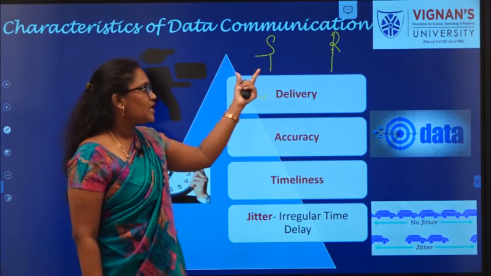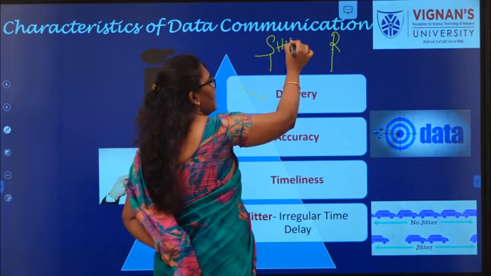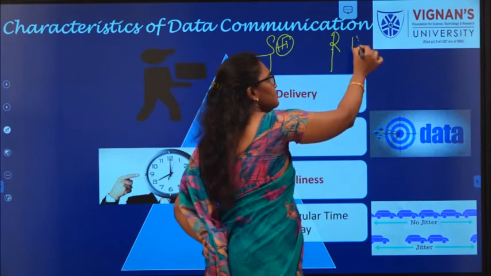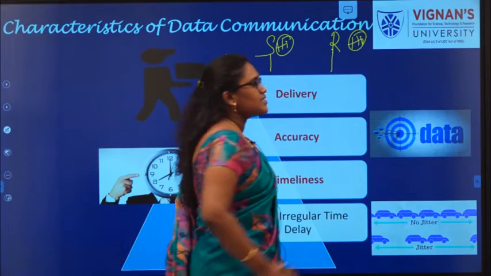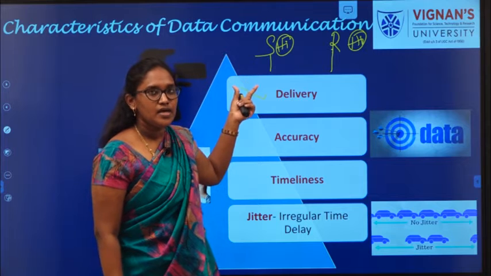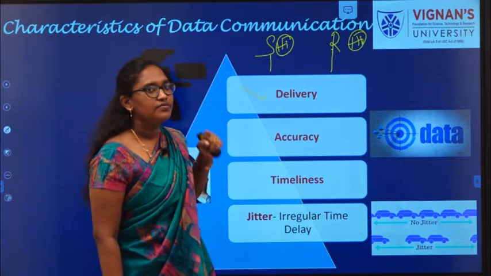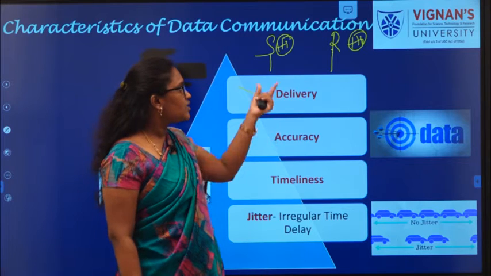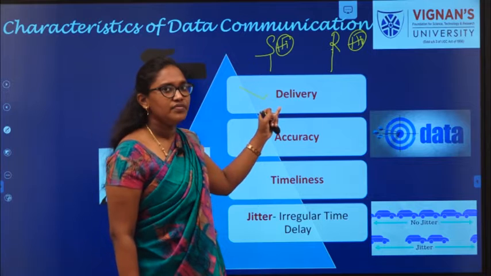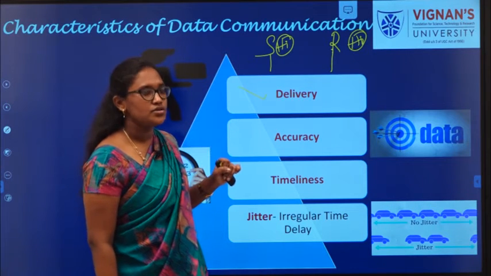Delivery means when the sender is sending a message, hi, the receiver should receive the message hi. Exactly whatever data the sender is sending to the receiver should be received by the receiver in the same way. That is the functionality of delivery. So if instead of hi, only H is received, then the characteristic of delivery has failed in computer networks or data communication.